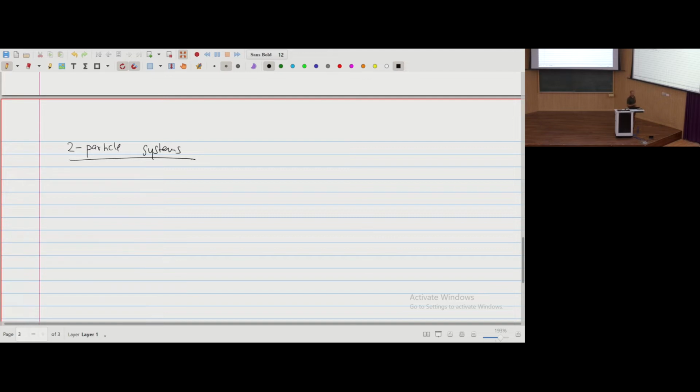So let's see if we have a system of two particles and there's an internal force between them. On particle number 1, it's F12, that is the force on particle 1 by particle 2, and on particle 2 we have F21. And since these are internal forces, from Newton's third law, they are equal and opposite.